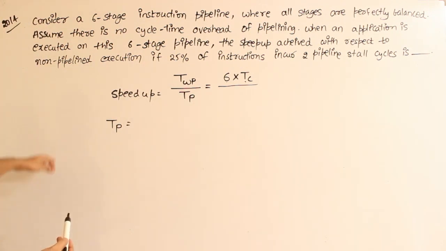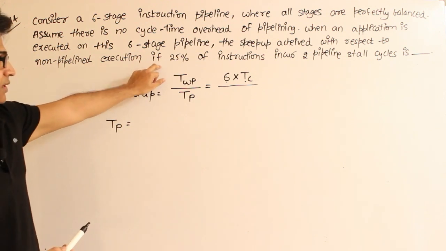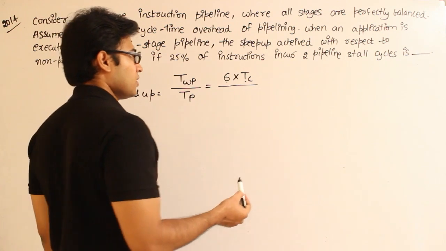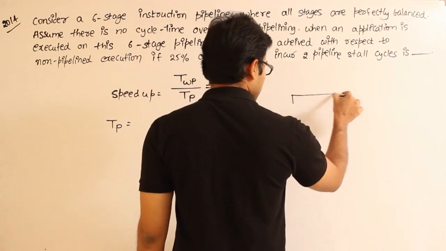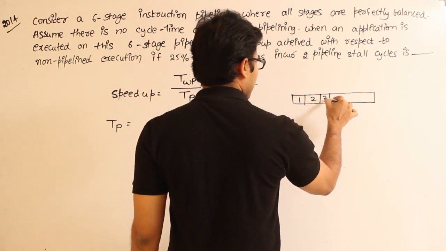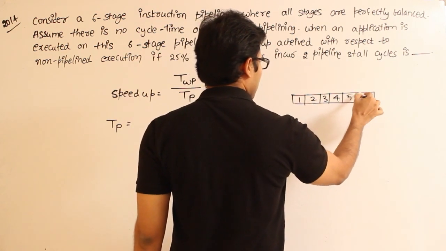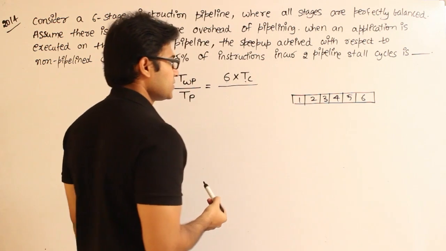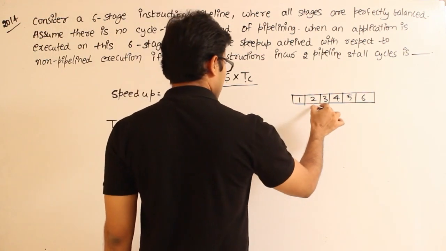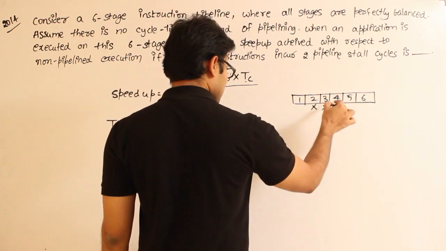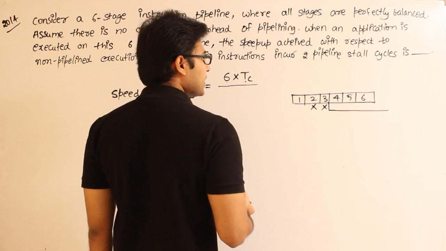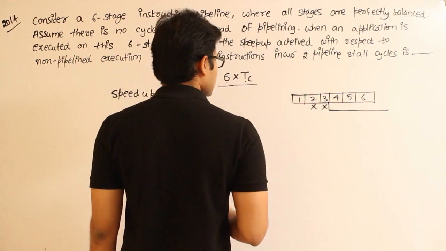But they are saying that 25% of the instructions incur 2 pipeline stall cycles, which means if we have 6 cycles, 1, 2, 3, 4, 5, 6, then 25% of the instructions have 2 stalls, so the next instruction for such instructions has to start after the 3rd stage.